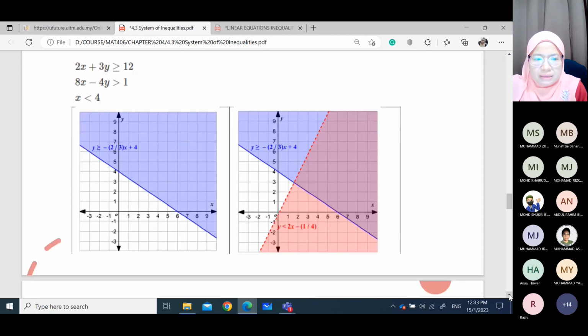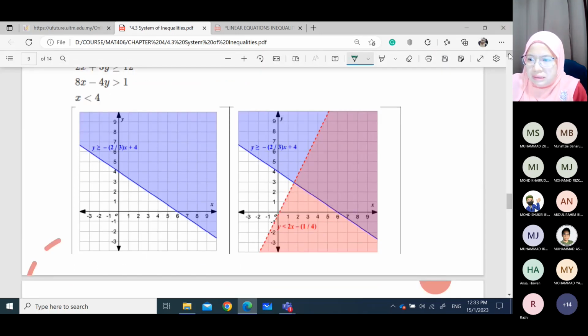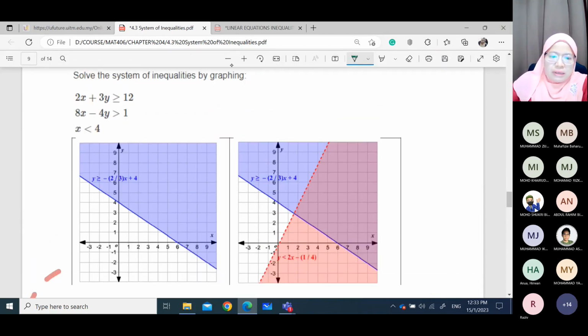Yang ni yang melibatkan tiga graph. Okay, so graph yang color biru ni, this one it is about 2x plus 3y greater than 12. Yang ni atas ni, this is a graph. So the region is the blue one.